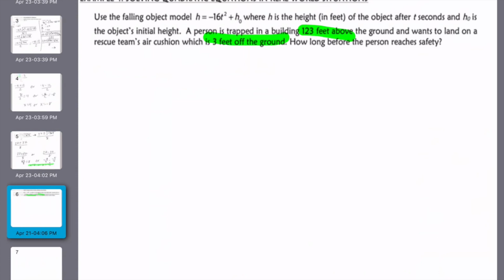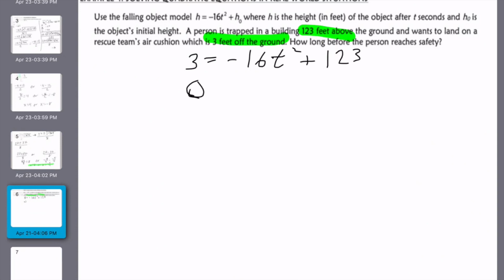So in this situation, I need to put in numbers into the right spots. So I know that my final height I want to be 3, and that's going to equal negative 16t squared plus my initial height of 123 feet. So again, I need to make this be equal to 0. So I'm going to subtract 3 on both sides, so I get 0.